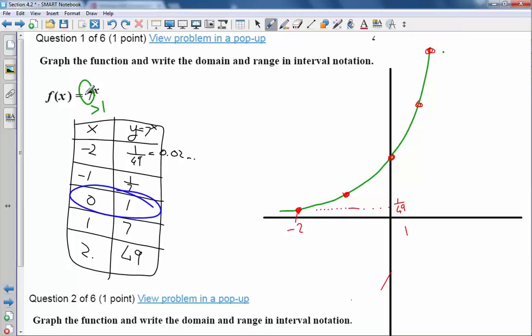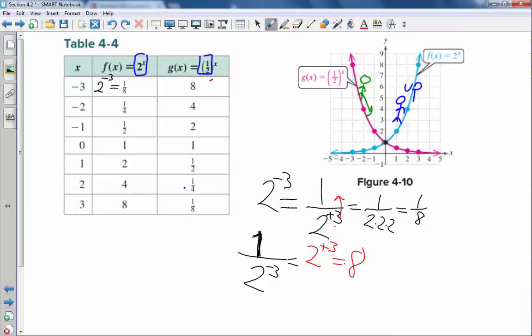If this is 2 to the x, 5 to the x, 10 to the x, 7 to the x, no matter what base you enter, that base raised to the power 0 is a fact: any base raised to the power 0 is always 1. This point is always the same no matter what kind of exponential function you have.